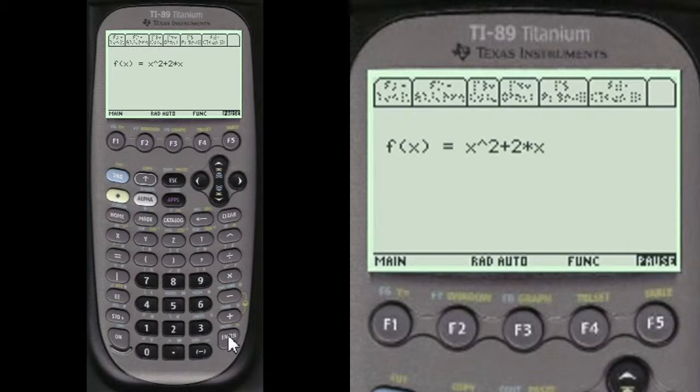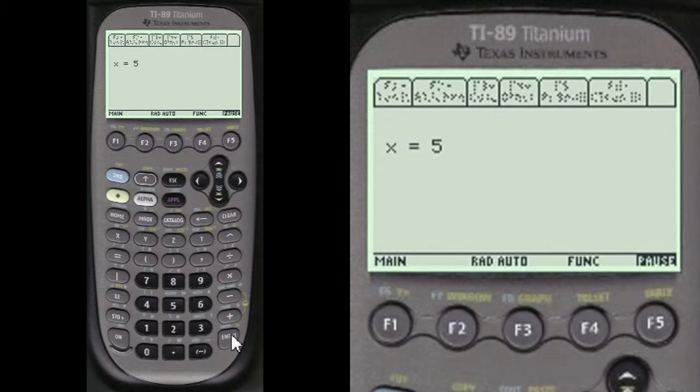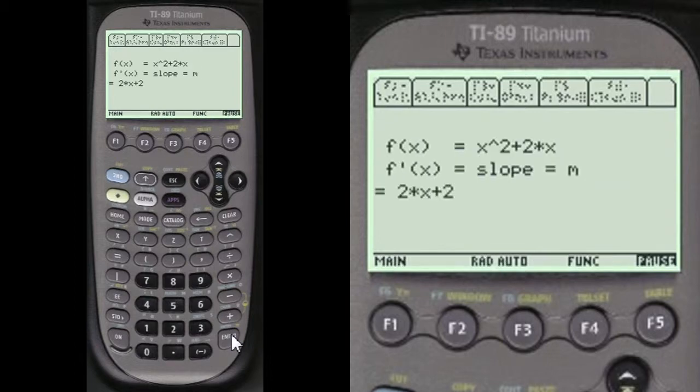I always show you what you've entered so you can change it if you want. I say it's okay. And we need a point on that curve, so I'm going to do alpha 5. That's on the x-axis, which is along the ground, if you want to picture it. So I show you what that is, and we say it's okay.